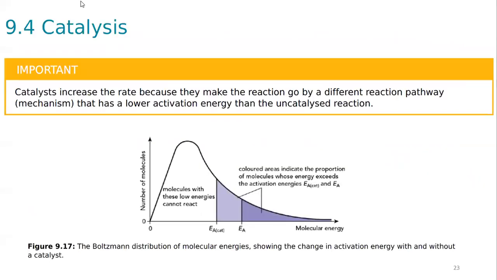Catalyst. So a catalyst increases the rate of reaction because it can make the reaction go by a different reaction pathway, with lower activation energy than an uncatalyzed reaction. So catalysts reduce the energy that the particles require to collide effectively.